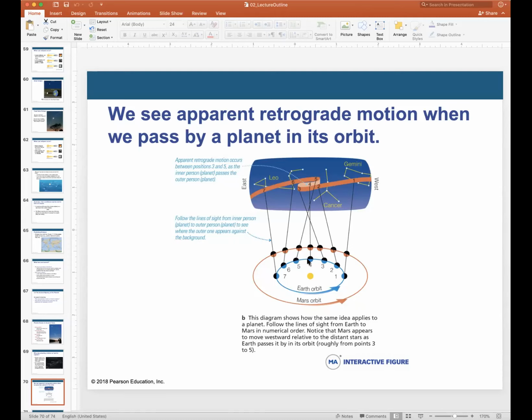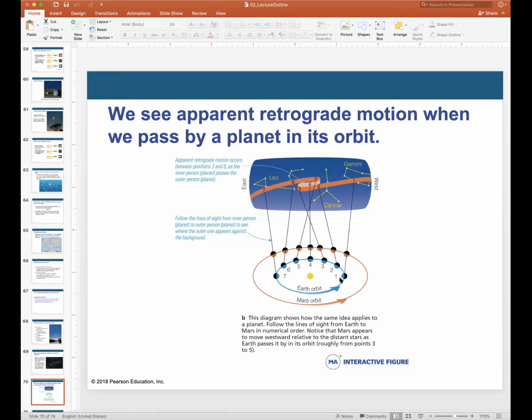On point 4, when we are passing Mars, we see that apparently Mars moved from point 3 to point 4. So it was going from 1, 2, 3, but it went back to the west, and they couldn't explain this.